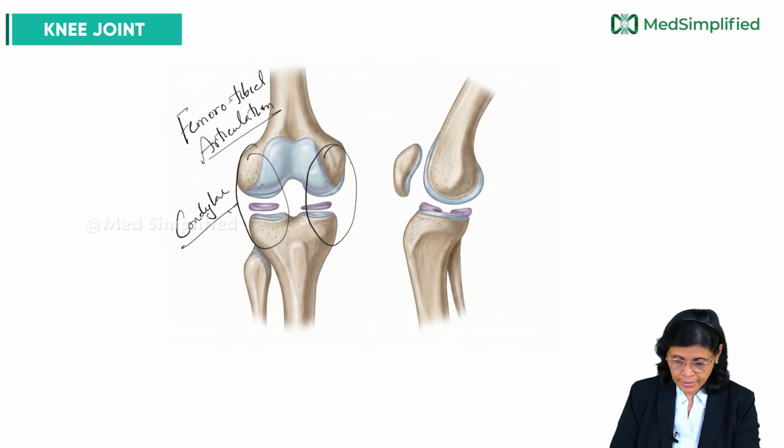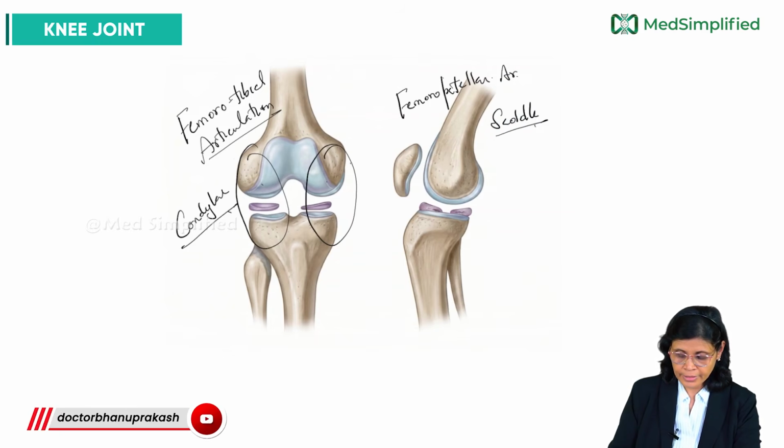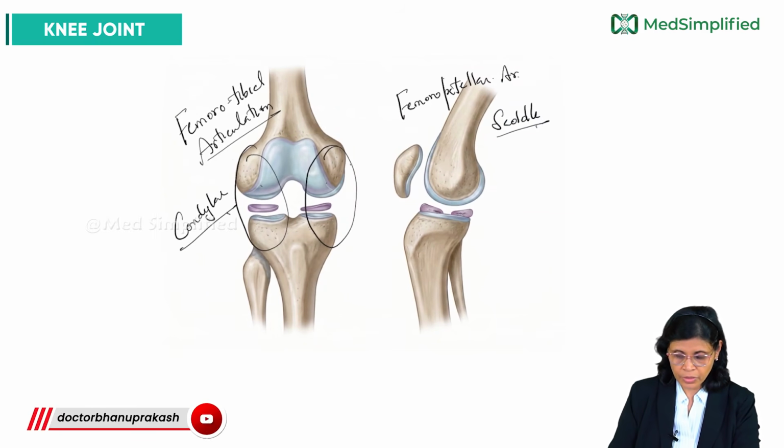And there is the intermediate femoropatellar articulation, which is of saddle variety. That is why we also call it a compound joint, because there are more than two bones articulating there.